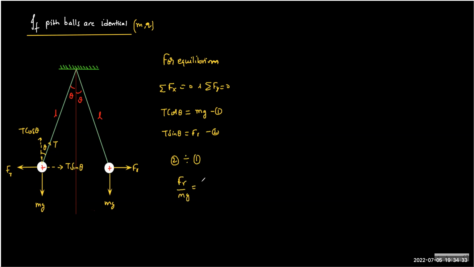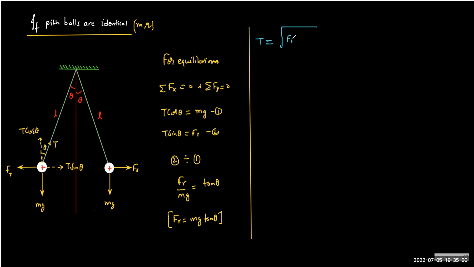Just in case you do not want tension. But if you want tension, you can do something more. You can square and add. You can get the answer as the square root of F_R squared plus (mg) squared.